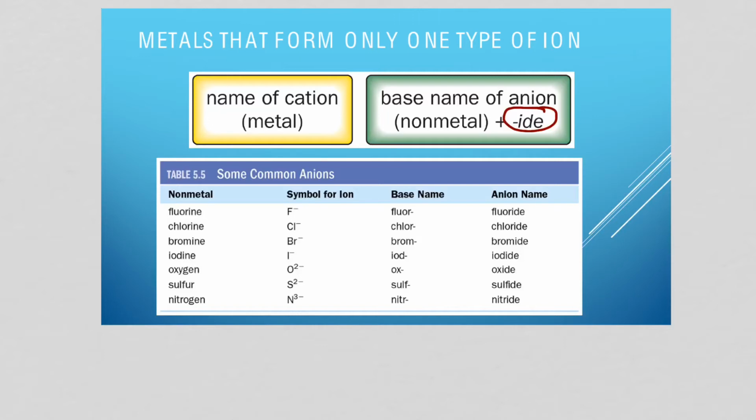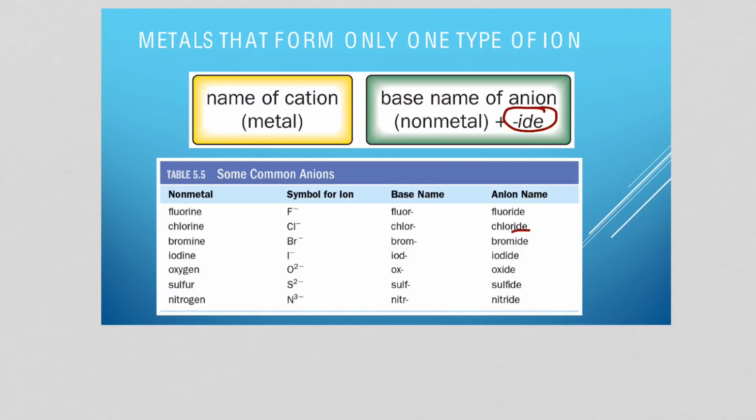So we're going to just use the name of the metal for the positive ion, and then we're going to use the name of the nonmetal, but we're going to change the ending to an IDE. I'm sure a lot of you have seen some of these with things like sodium chloride, right? And so we've seen that ending, the IDE, and this is where it comes from.